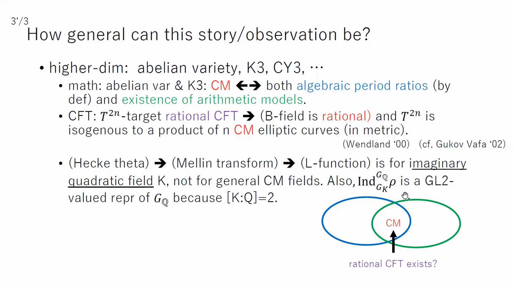So we might have an abelian representation of the Galois group of the CM field of high dimension. And yet, if we think of the induced representation, then that's not going to be GL2 valued. So we don't have a reason to expect that its Langlands correspondence corresponds to modular forms of any kind.